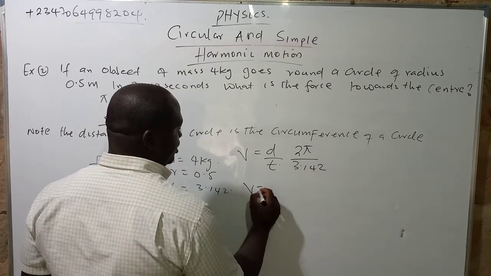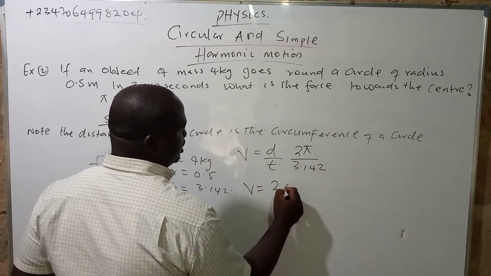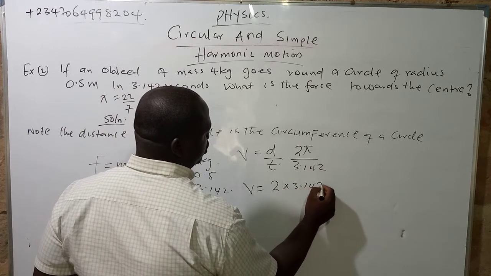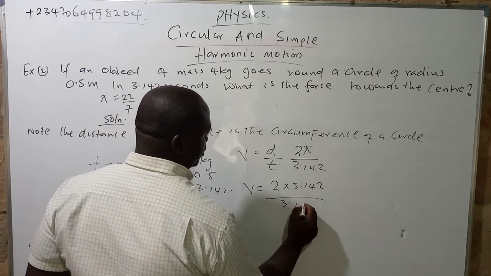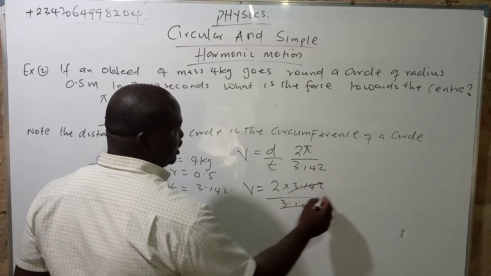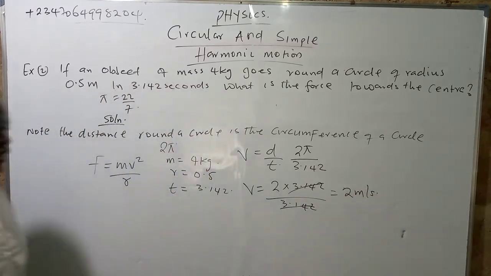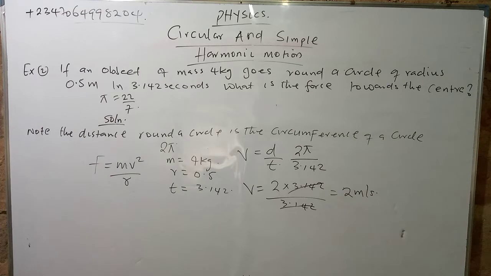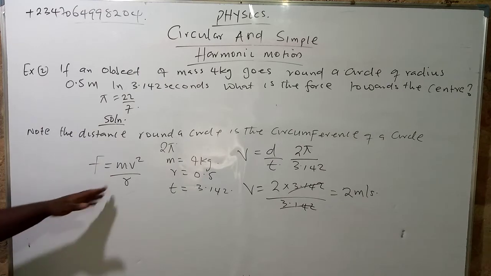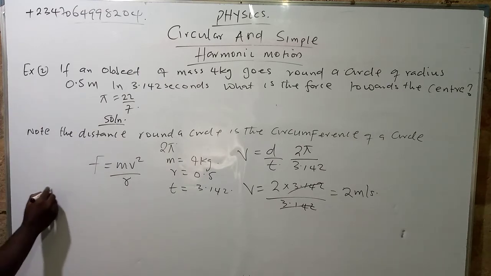And remember that 22 over 7 is 3.142, so 3.142 all over 3.142 cancels out. So your velocity is 2 meters per second. Now, if you have already gotten your velocity, all you need to do is insert it into this formula and your answer flows naturally.